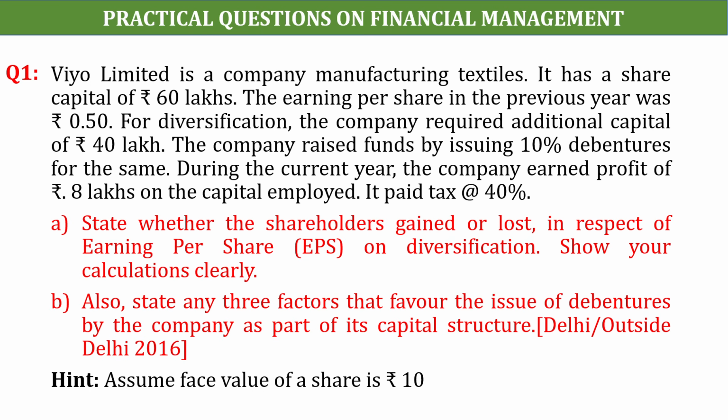The equity component carries equity share capital, preference share capital and retained earnings, and the debt component includes debentures and long-term borrowings. For the purpose of simple calculation and understanding, under equity we are going to consider only equity share capital, and under the debt component we are going to consider only debt.